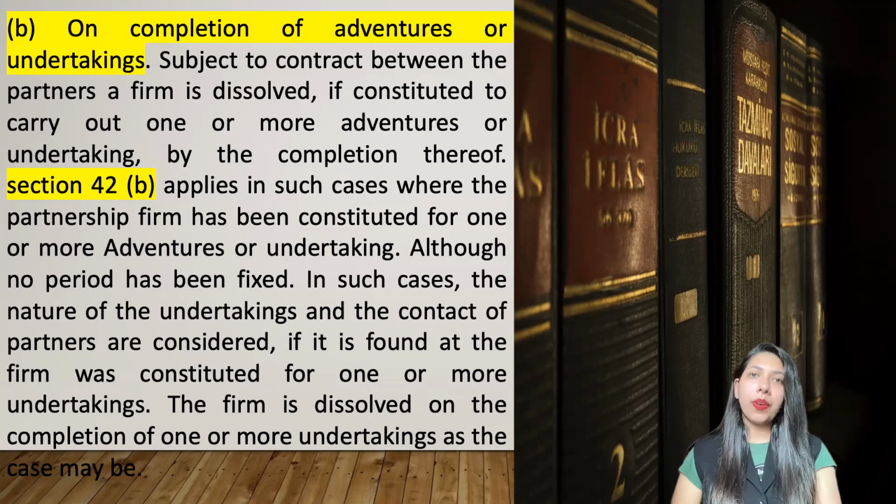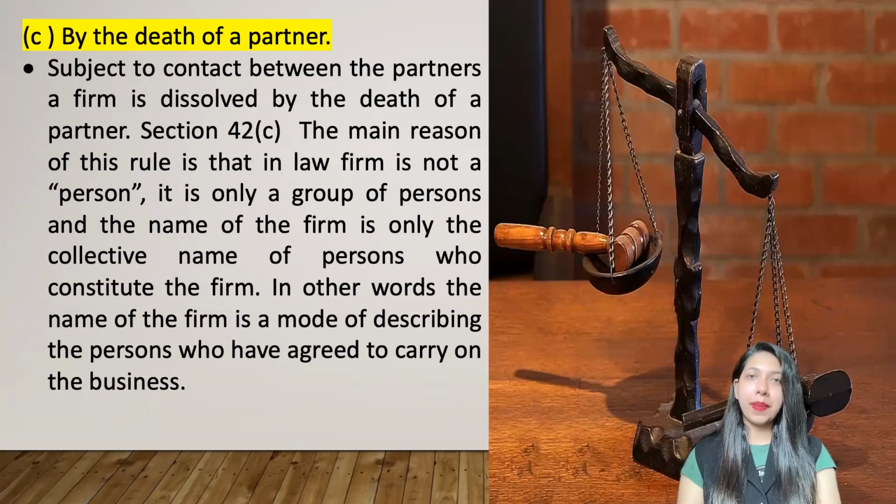For example, we predicted that it would take 10 years to complete this adventure, but it only took 2 years. So we can wind up the firm after 2 years based on Section 42 subclause B.